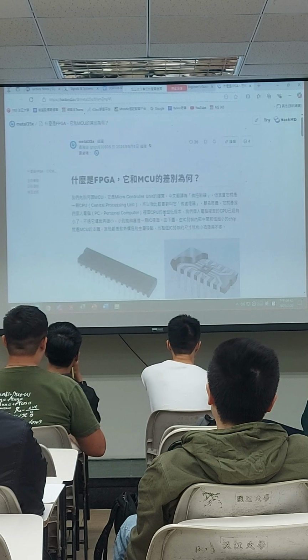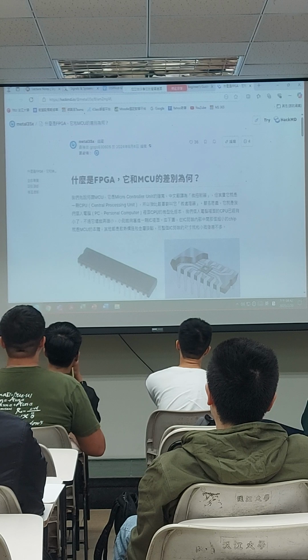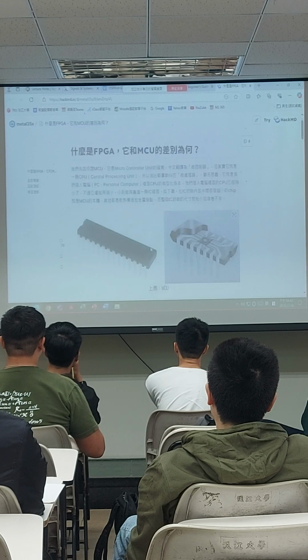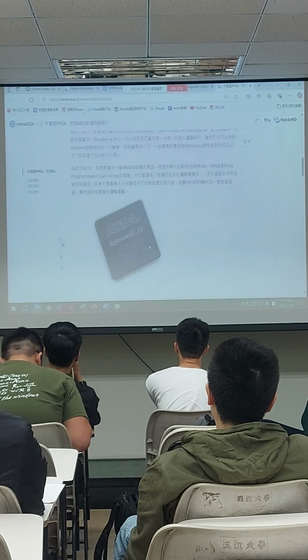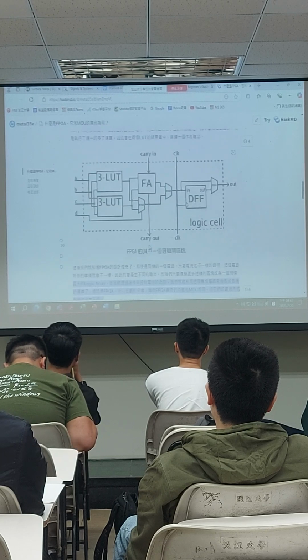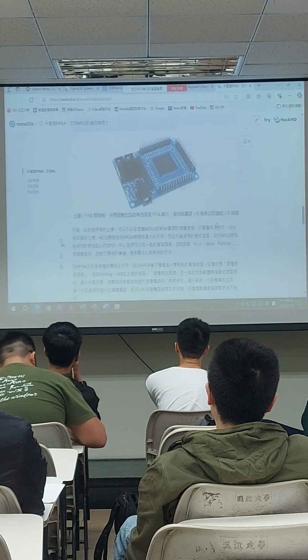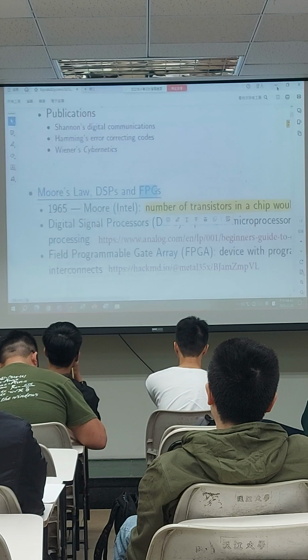FPGA is kind of a mini-sized board, okay? Kind of mini-sized electrical board. So you can find the explanation again in this website. Even though it's written in Chinese, you can translate it into English very easily. Okay? So please look at this by yourself at home.